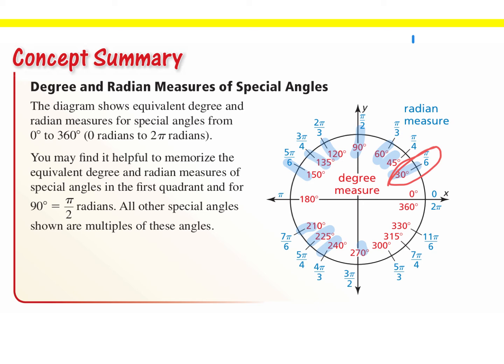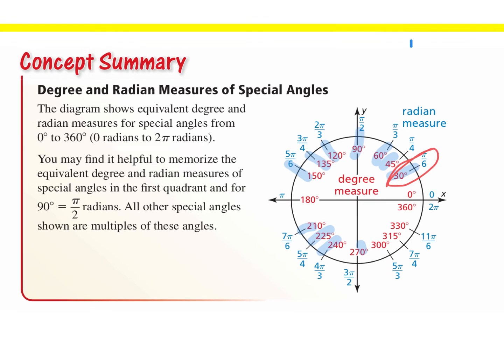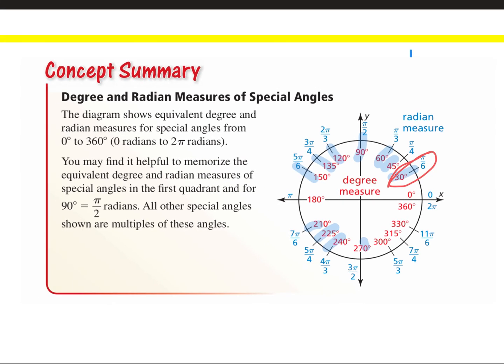This is in the notes. This will come in handy in pre-calc, but we can always just convert 30 degrees by multiplying it by pi over 180 and simplifying. This is called the unit circle, which you'll do more of in pre-calc. But these are just showing you your special angles.